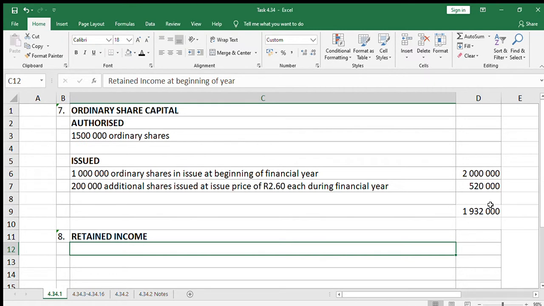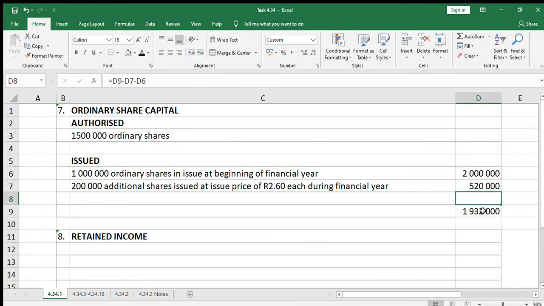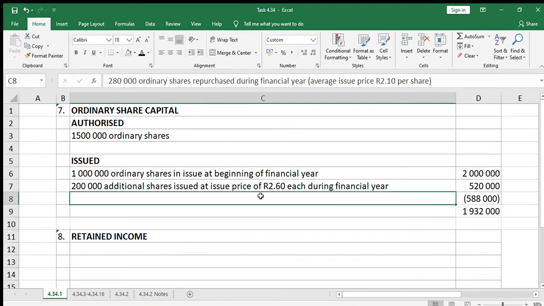We can then work backwards to find the repurchased value. Remember, we'd start with 1,932,000 minus 520,000 and minus 2 million. Okay, so that gives us 588,000. Now we have been told that it was 280,000 ordinary shares which were repurchased.